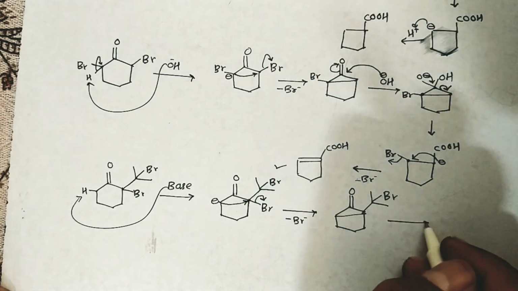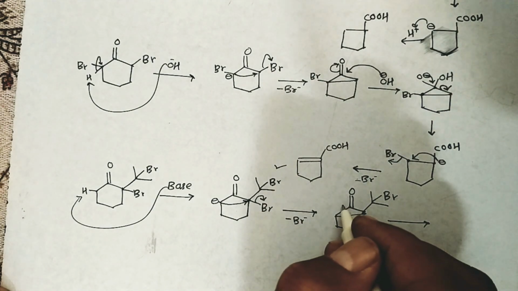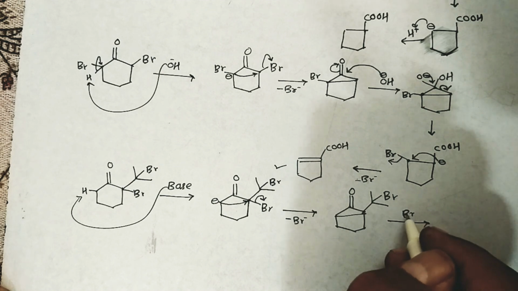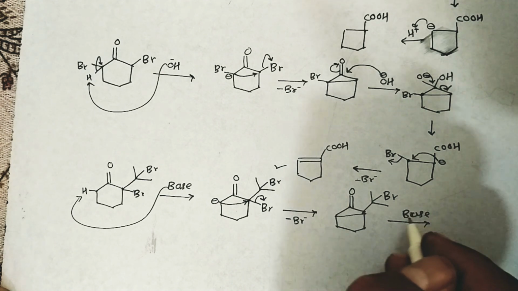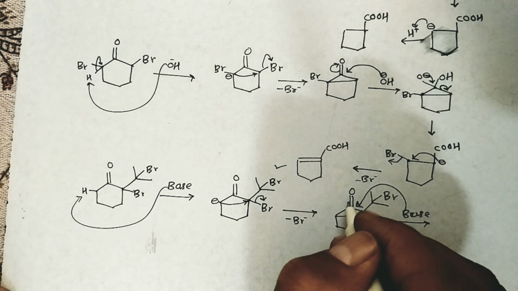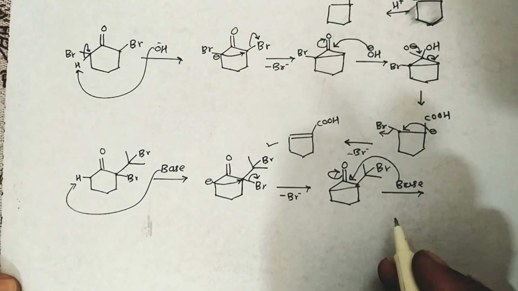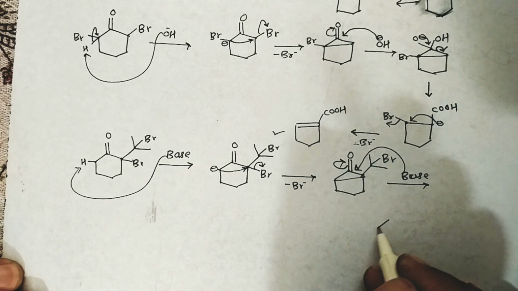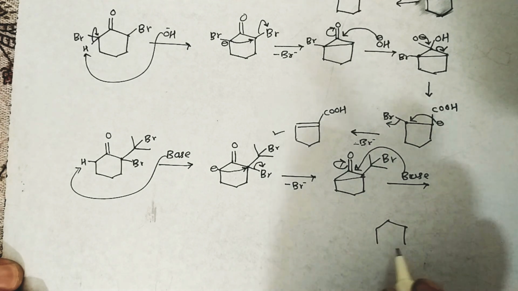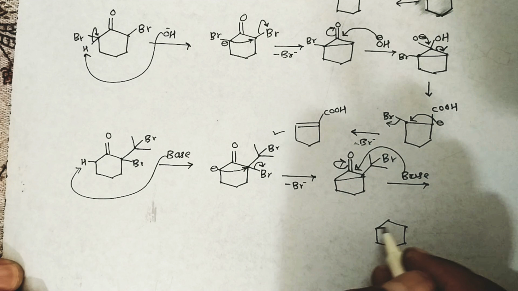Now in basic medium what happens, again the base attacks over this carbonyl group, and this carbonyl group opens. I will write the structure here. So such type of structure is obtained.